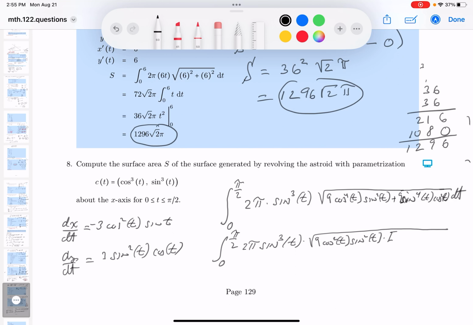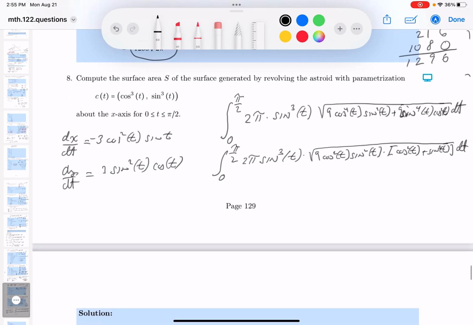What's left over? Well, cosine squared from the first term. What's left over from the second term? Sine squared. Well, isn't that convenient? dt.